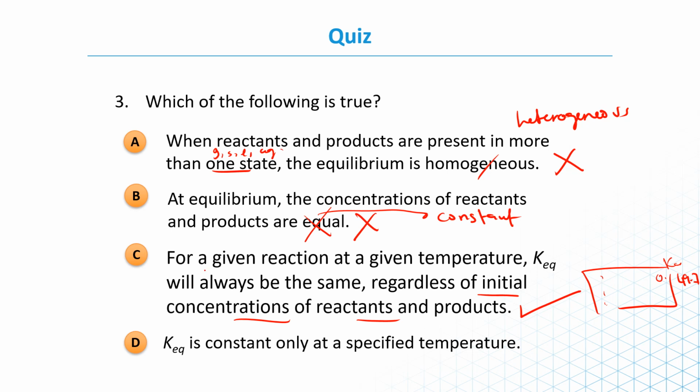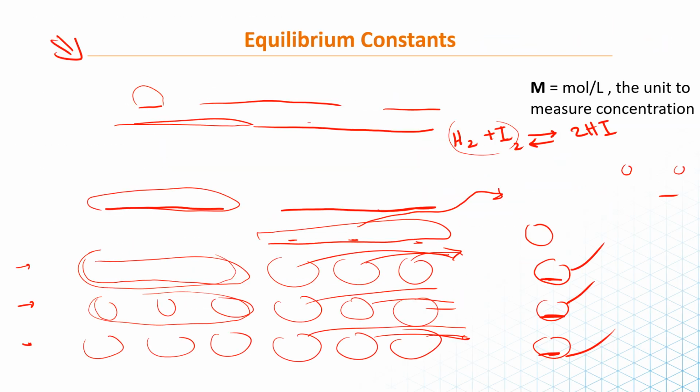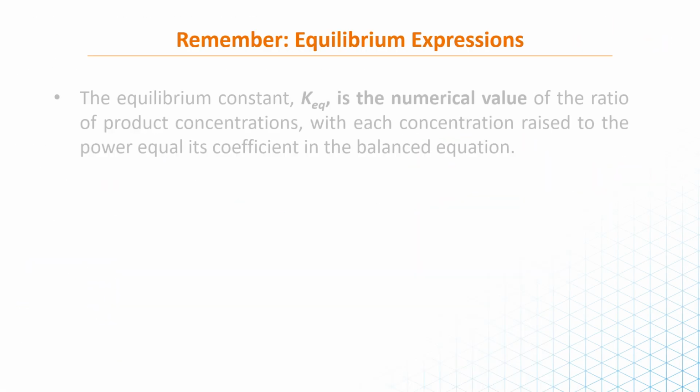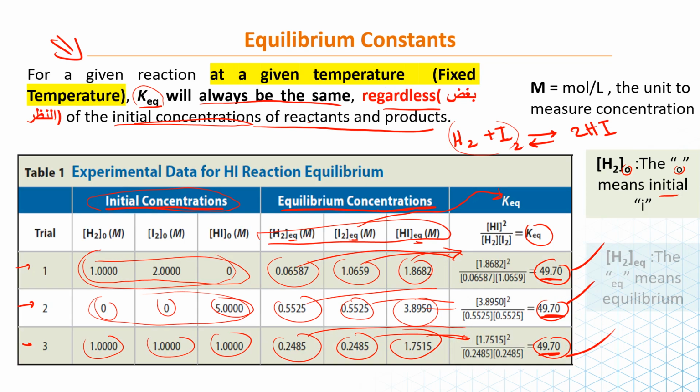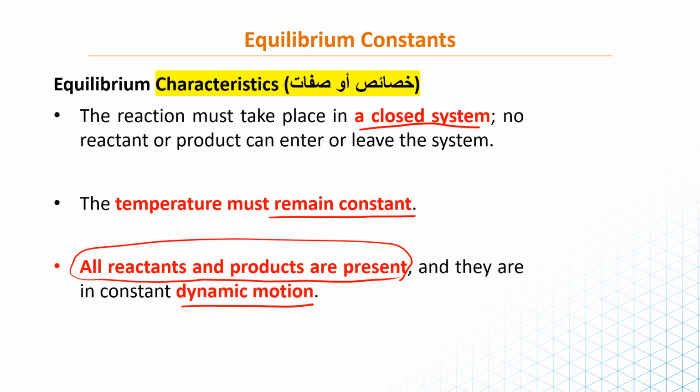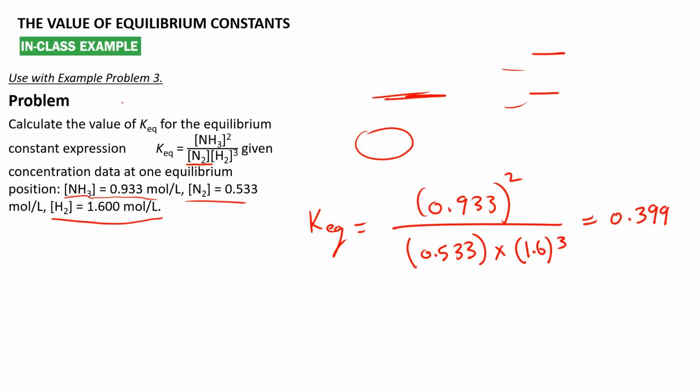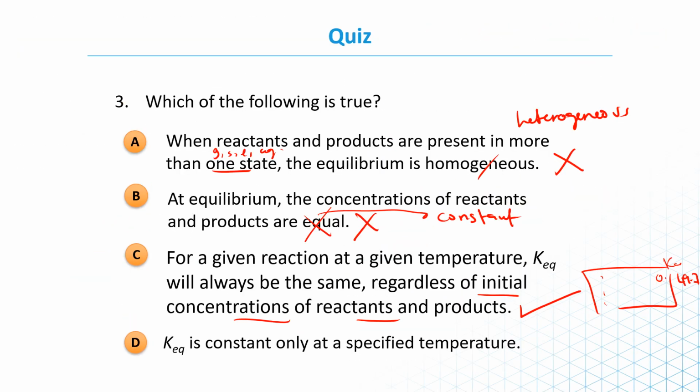So again, for a given reaction at a given temperature, K equilibrium will always be the same regardless of the initial concentrations of reactants and products. That is true. K equilibrium is constant only at a specified temperature. We did not talk about this. Okay, what we said was the following. Let me bring it back here. The temperature must remain constant. هذه من خصائص equilibrium.